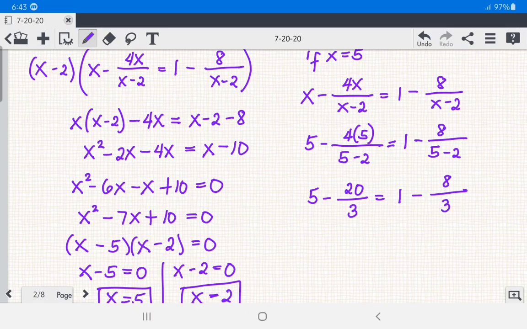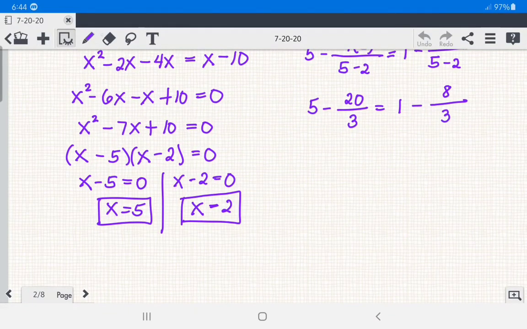Now, are they equal? Let's see. The denominator of 5 is 1, right? So the LCD here is 3. 3 divided by 1, we have 3, times 5, we have 15. Then minus 3 divided by 3, we have 1, times 20, we have negative 20.